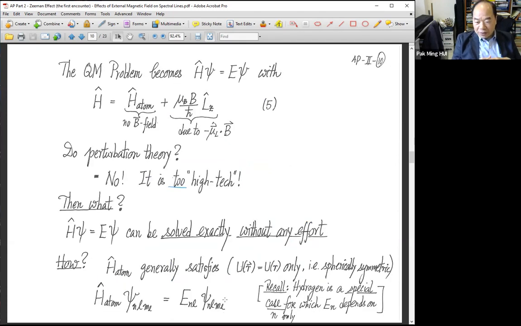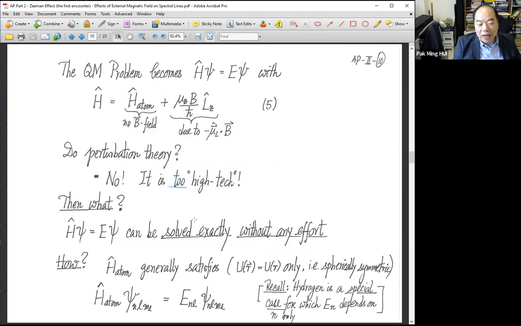So let's go back to the Zeeman problem, the Zeeman effect. We work out the physical problem. It is the hydrogen atom or the atom part plus a Zeeman term. Now, you may think, let's do perturbation theory. It turns out that even perturbation theory is too high-tech for this problem.